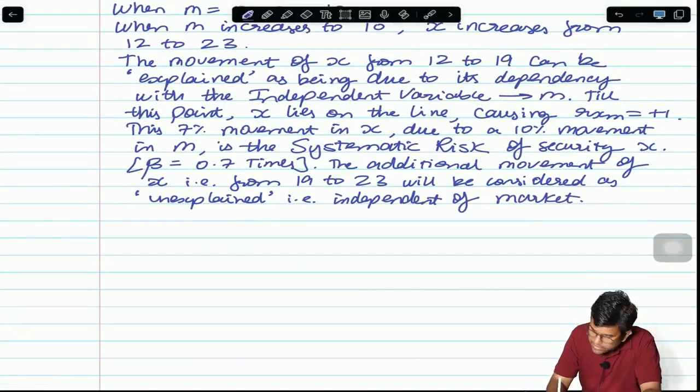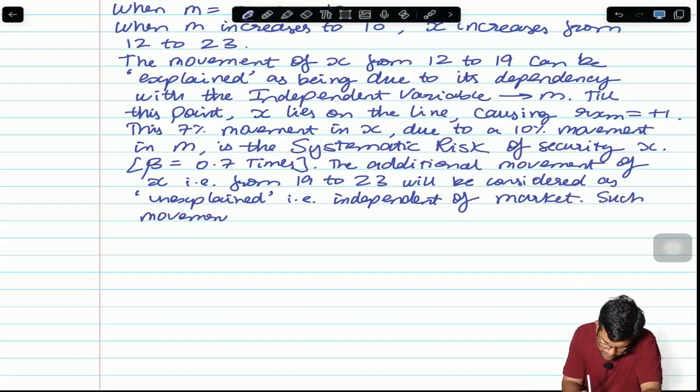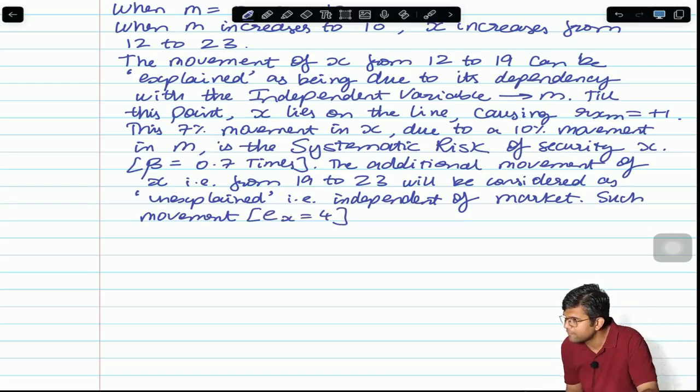Is this language clear? Independent of market. Such movement, and in brackets I will write Ex equal to 4. You understand? There is an error of 4.